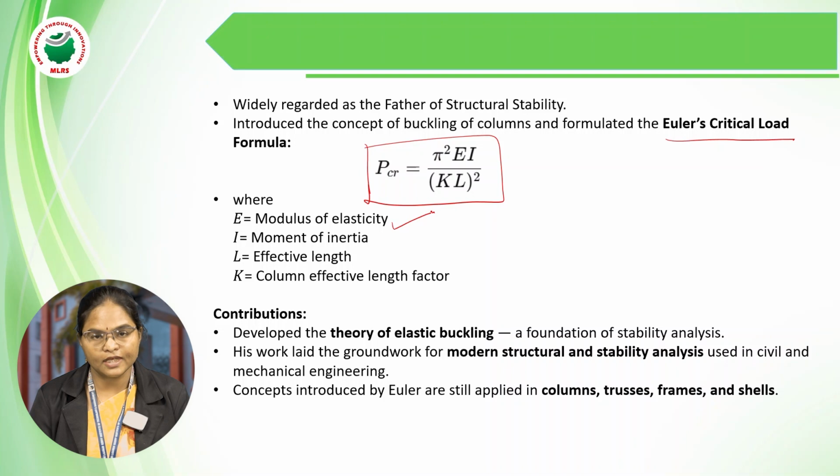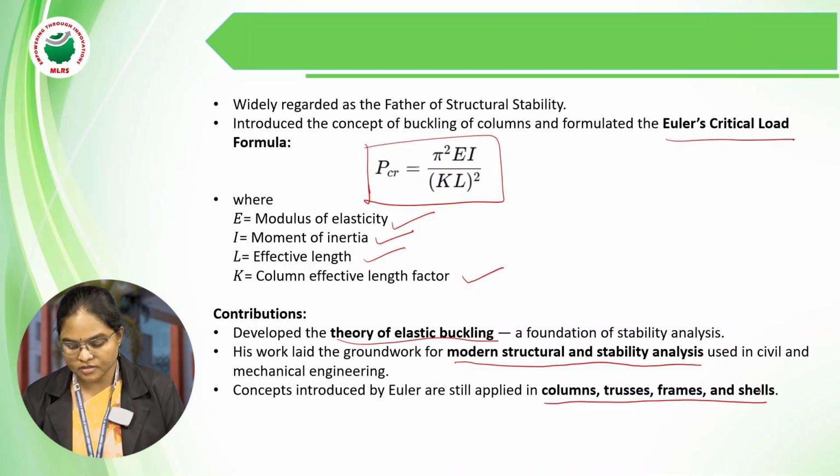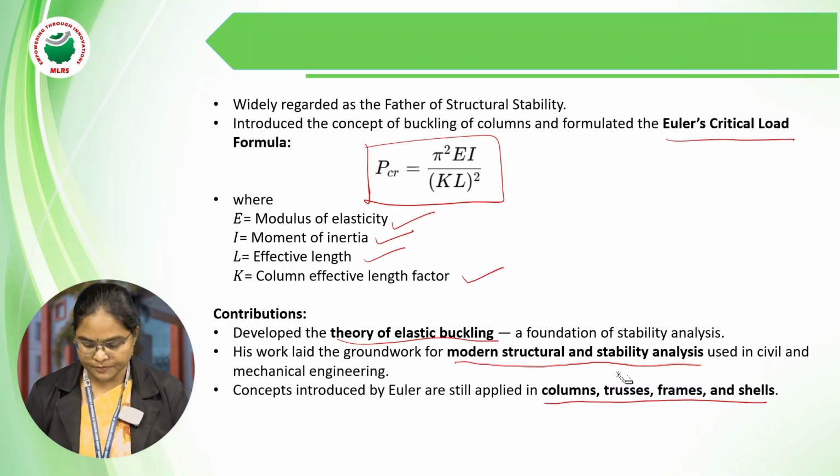E is the modulus of elasticity, I the moment of inertia, L the length, K the column effective length factor. Contributions: he developed the theory of elastic buckling, a foundation of stability analysis. His work laid the groundwork for modern structural and stability analysis used in civil and mechanical engineering. Concepts introduced by Euler are still applied in columns, trusses, frames and shells.